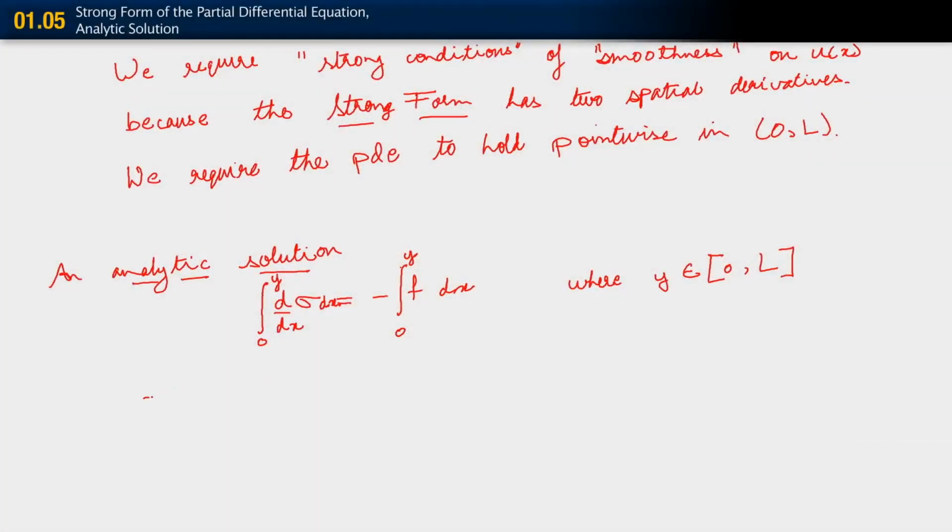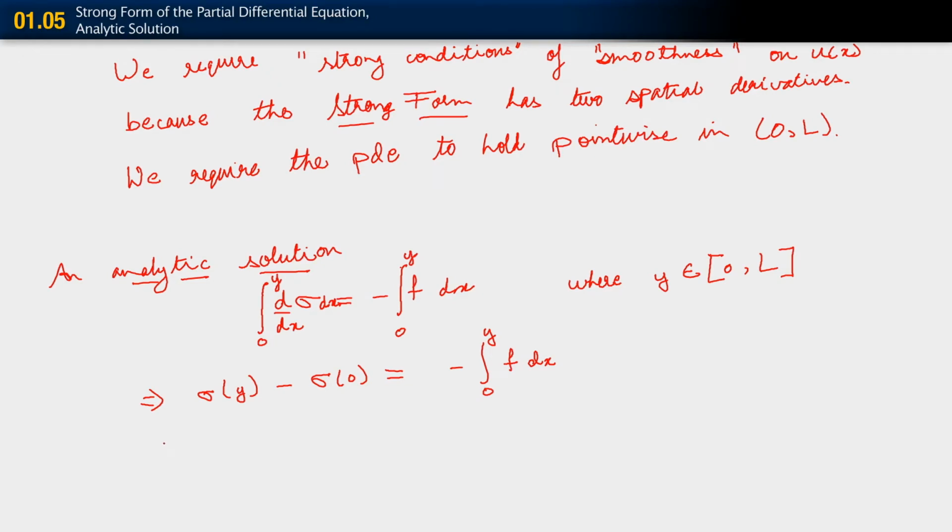So what we get from here is sigma at y minus sigma at 0 equals minus the integral of f dx over the limit 0 to y. F in general is, at this point, I mean, it's not quite unknown. It's data which we would know if we set out to actually solve a problem, but I want to leave it general. I do not want to assume a particular form of f or anything, right? All right.